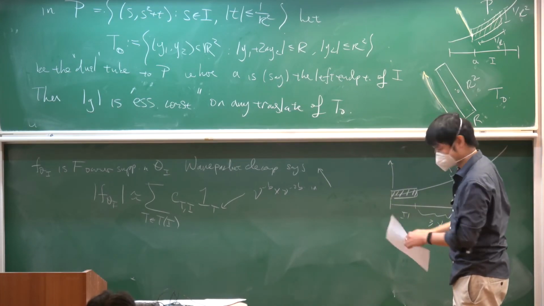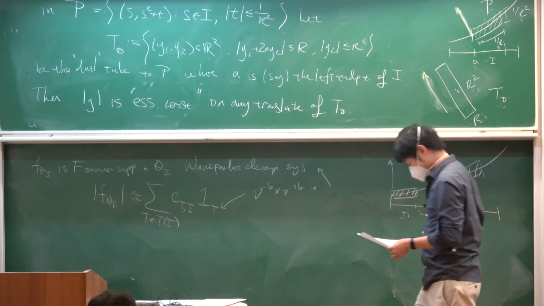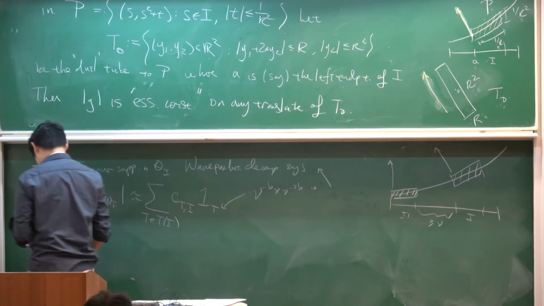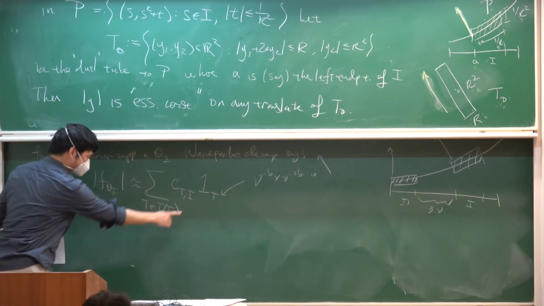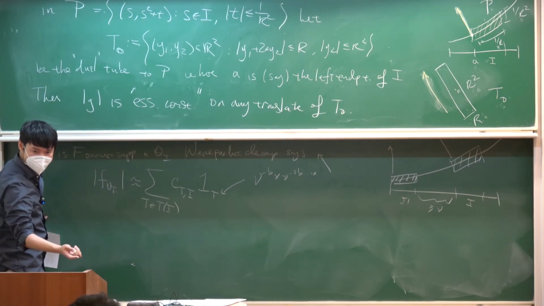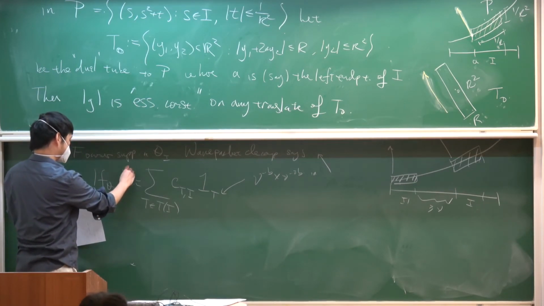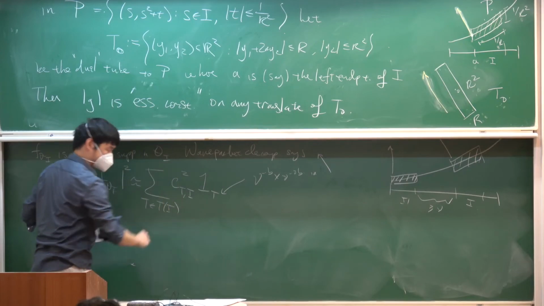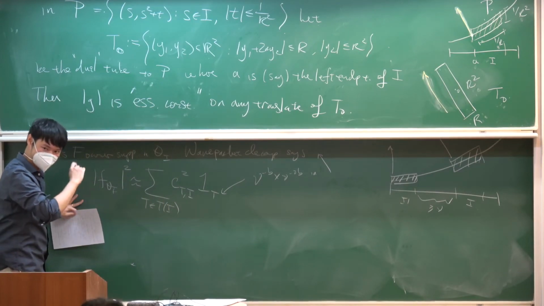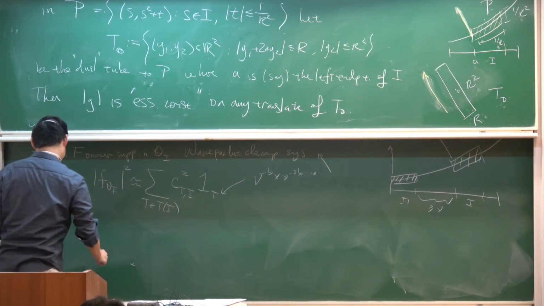And they tile all of R2. These tubes are disjoint. This is tiling. So then we square it, and this squares it over here, because it's disjoint.